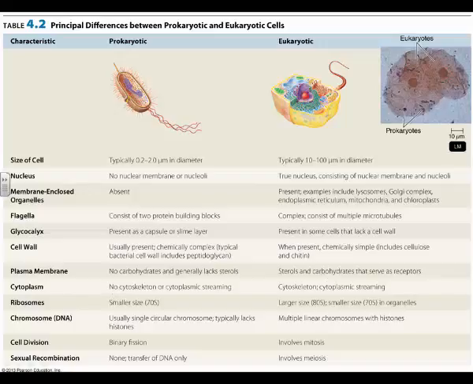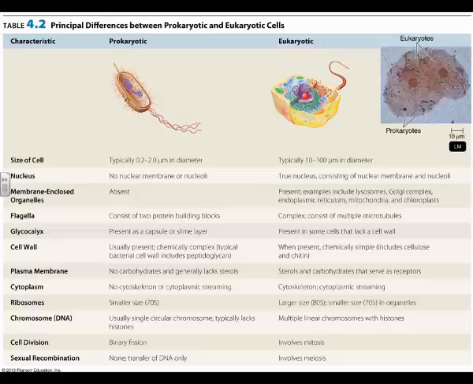In the case of the cytoplasm, there are no cytoskeletal structures in prokaryotic cells, but clearly all eukaryotic cells have cytoskeletal elements like actin, microtubules, microfilaments, and intermediate filaments.